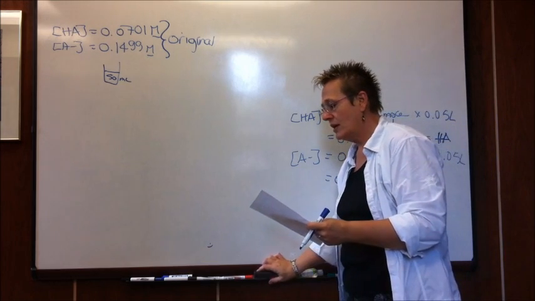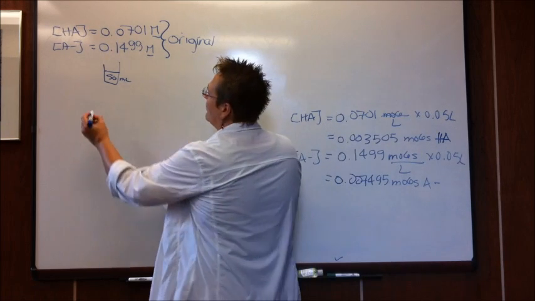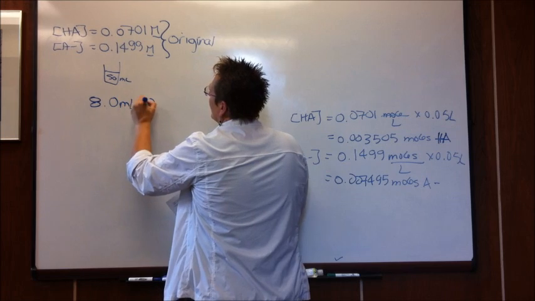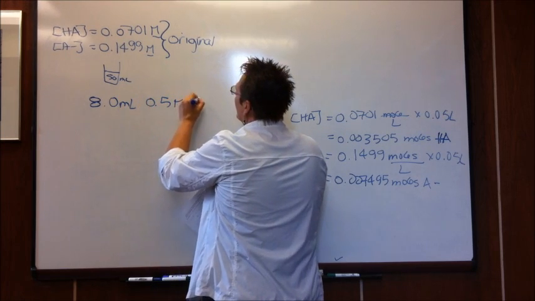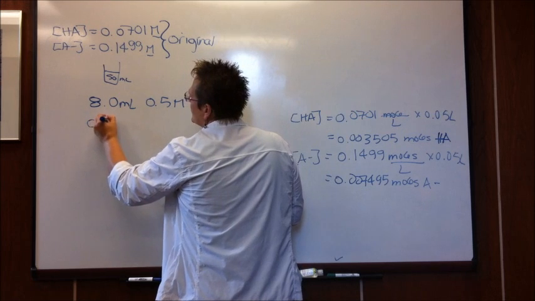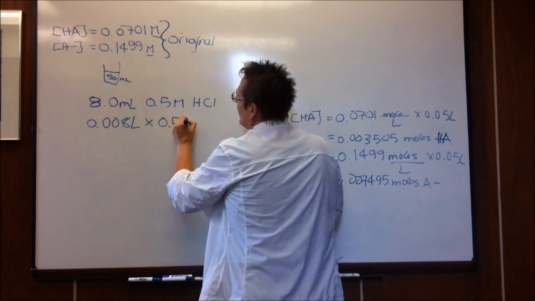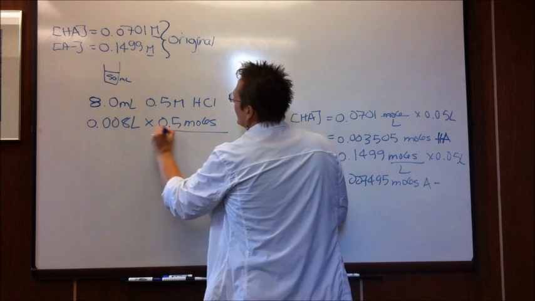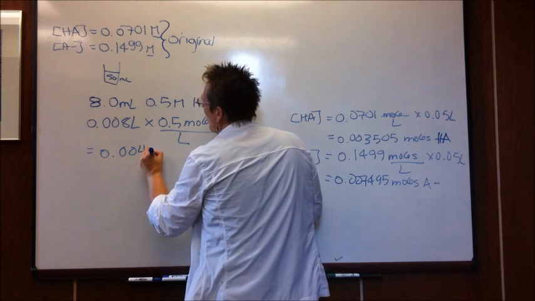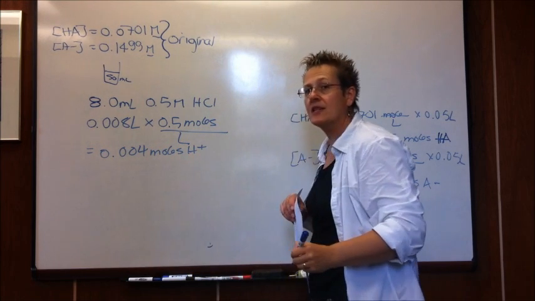Now in this question, it tells us that we have added 8 mils of 0.5 molar HCl. What that means is we have added 0.008 liters at 0.5 moles per liter, which is 0.004 moles of H plus into that solution.